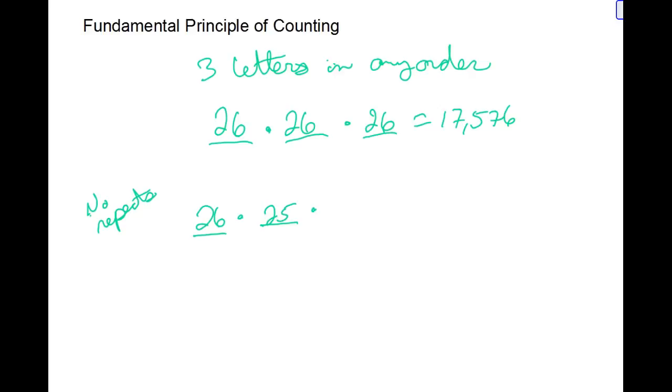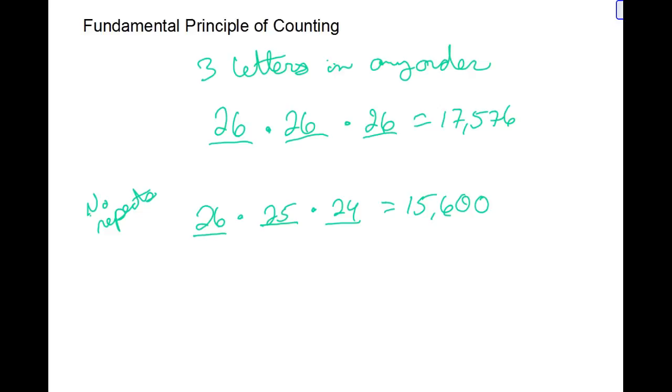The third blank can only have 24, since I used one letter in the first, one letter in the second, and one letter in the third. And so if I cannot have repeats, that's only going to be 15,600 possibilities. And so this is what we're talking about with the fundamental principle of counting: how many options do you have for each possibility.